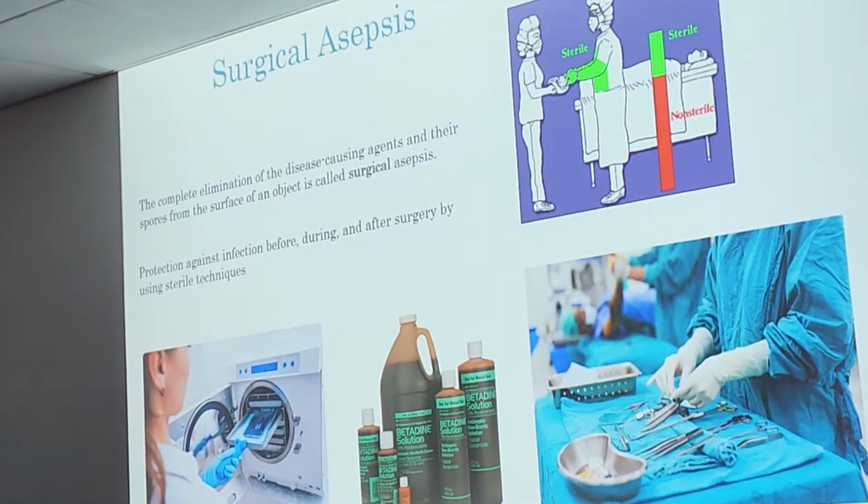So anytime you see surgical equipment, gloves, etc., all of that has been sterilized. And betadine is an antiseptic solution that in every surgical procedure, you'll see the nurses clean the patient's skin using this before they make an insertion with a knife.